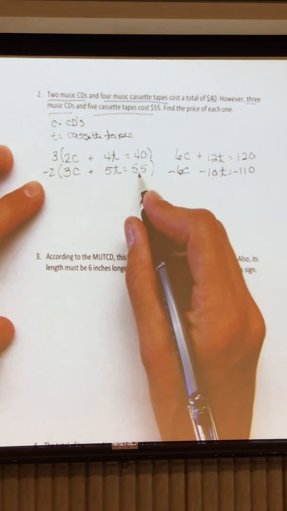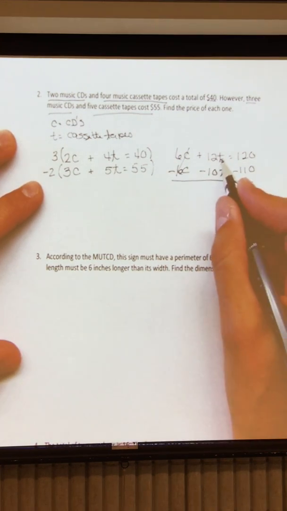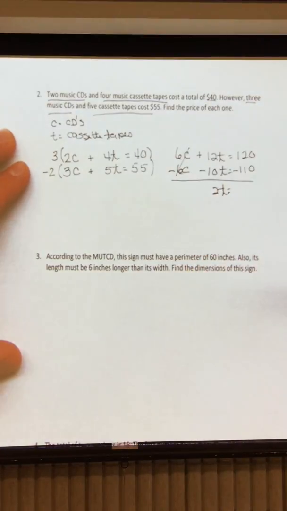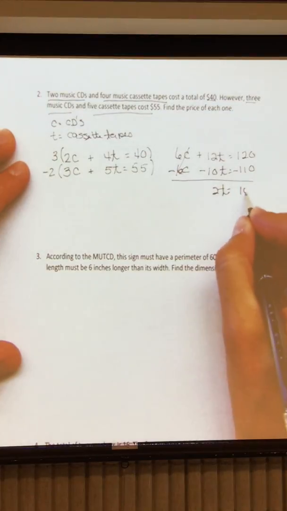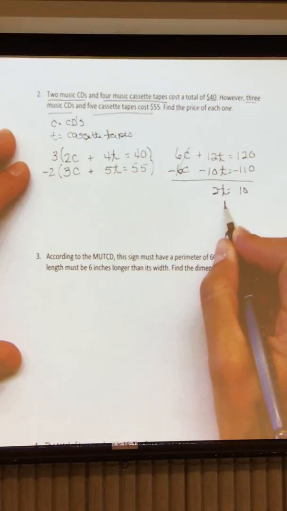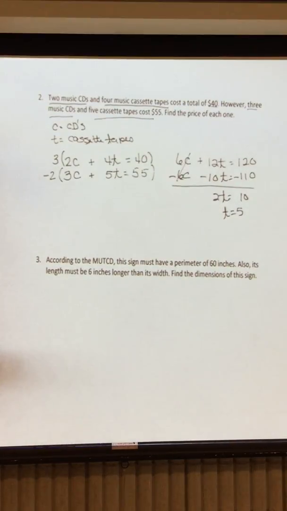Again, that's negative 2 times 55 is negative 110. So here this cancels our C's. 12T minus 10T is 2T, is equal to 120 minus 110 is 10. T is equal to 5. So therefore we need 5 cassette tapes.